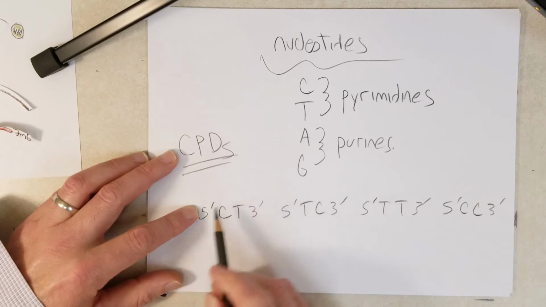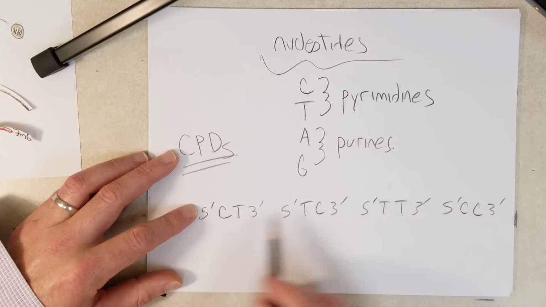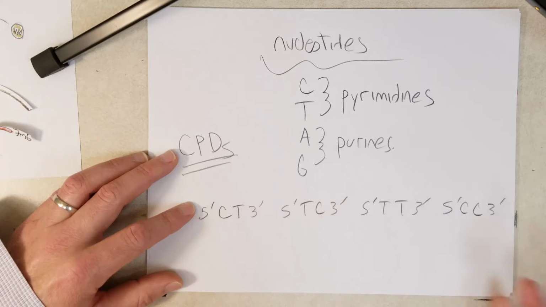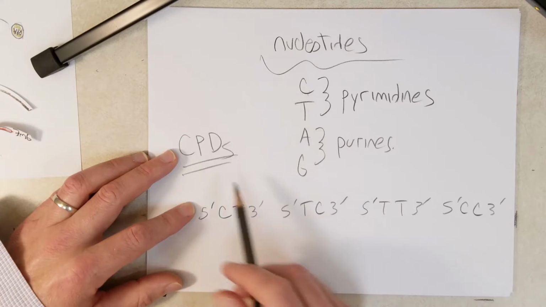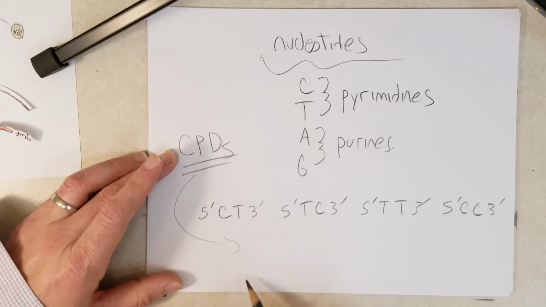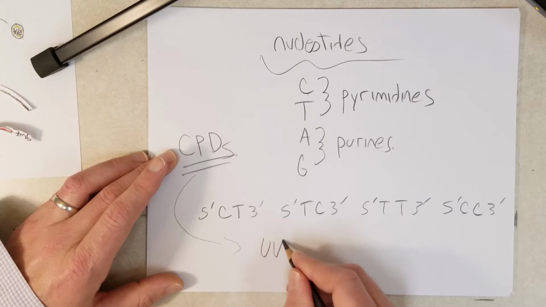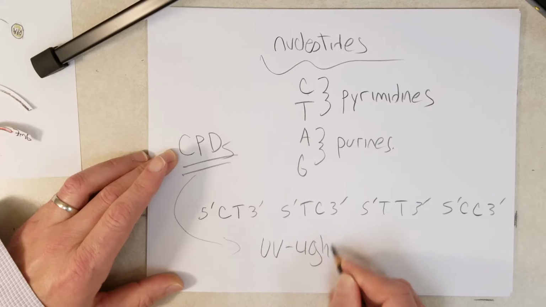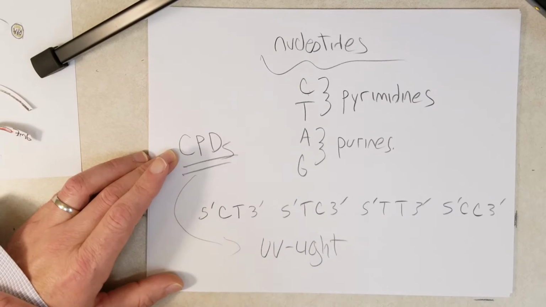I can also refer to these as dinucleotides. So anywhere along the DNA molecule, if there are two pyrimidines next to each other in the strand of DNA, these have the potential to form a CPD. Now CPDs tend to form when DNA is exposed to UV light.